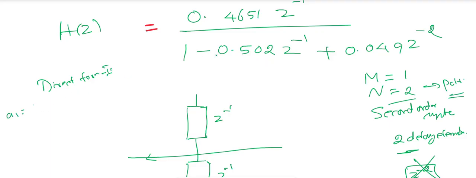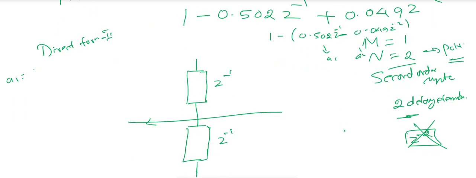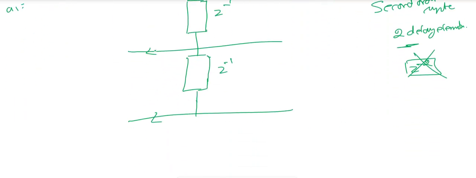The denominator is 1 minus 0.502 z inverse plus 0.049 z inverse squared, so the A1 coefficient is 0.502 and the A2 coefficient is minus 0.049.